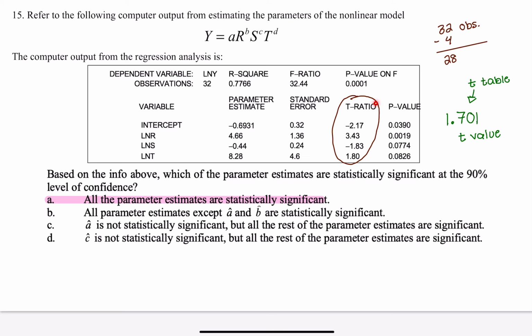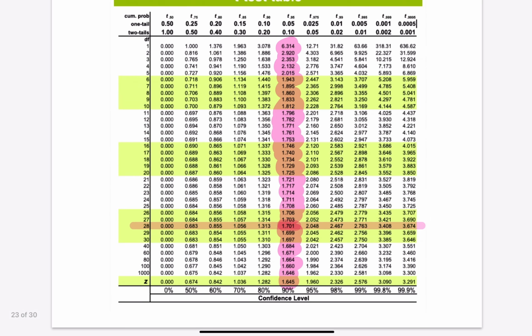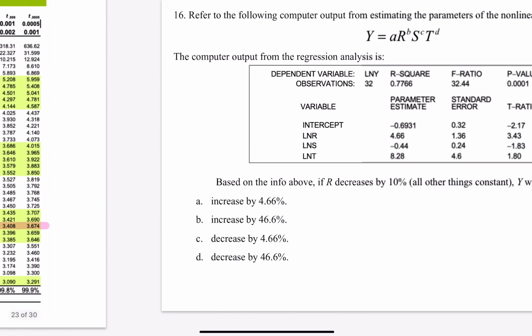These are our t-ratios, so we're comparing them to this number. All of those numbers that are circled in brown are greater than our 1.7, so all of our parameter estimates are statistically significant. And this is where it's coming from, our degrees of freedom and our confidence level.